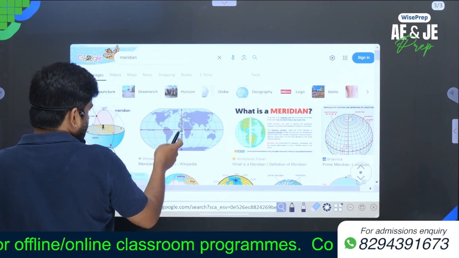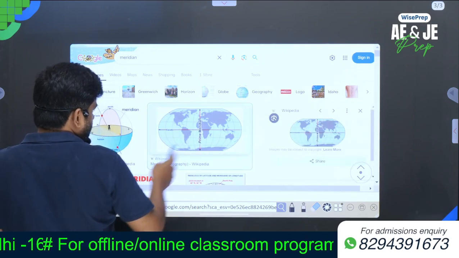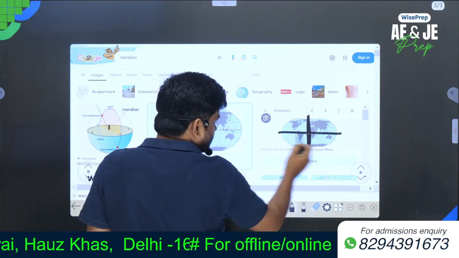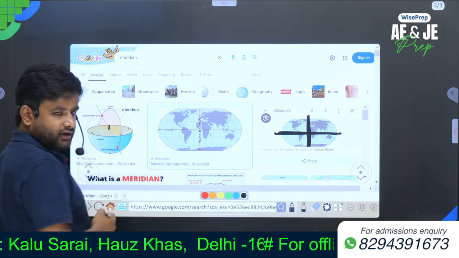This is the prime meridian and this is the equator. All right.